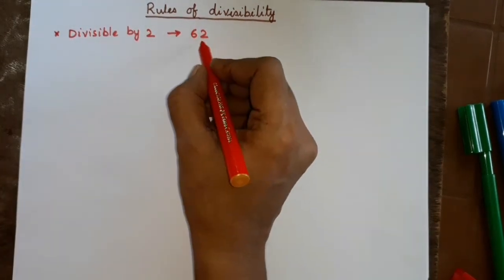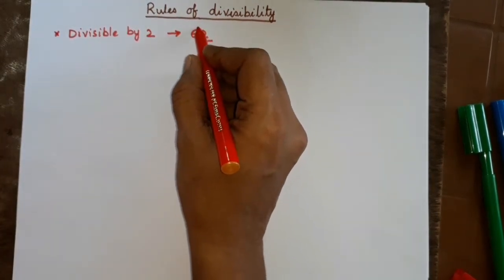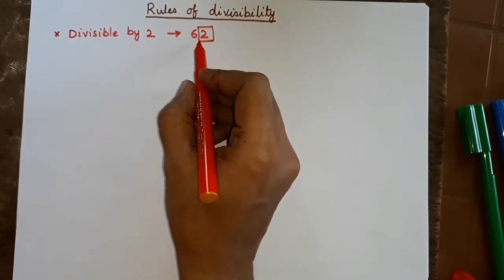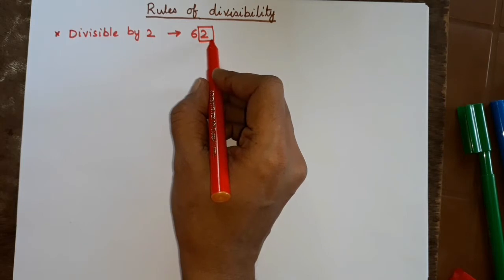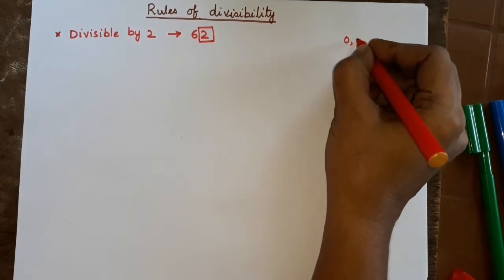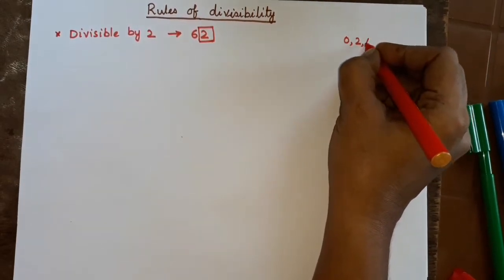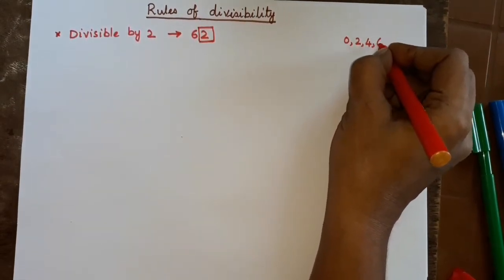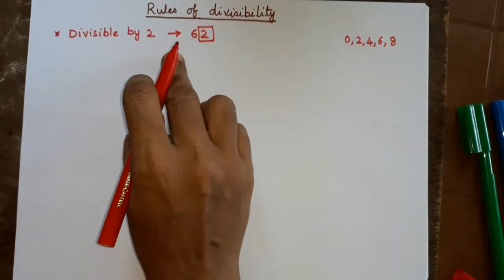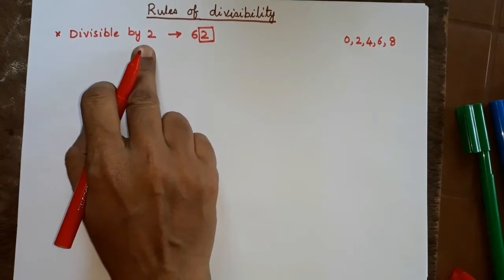We have to check the digit in the ones place of the given number. If it is 0 or 2 or 4 or 6 or 8, then the given number is divisible by 2.